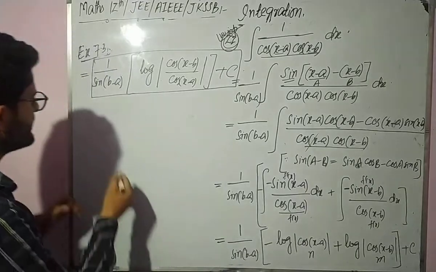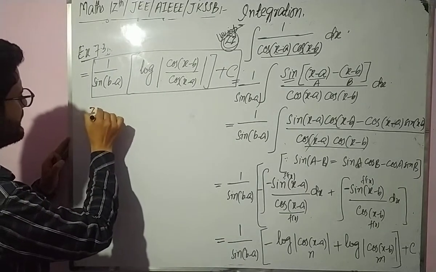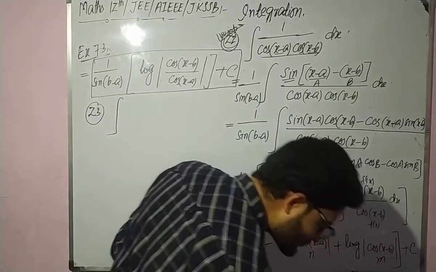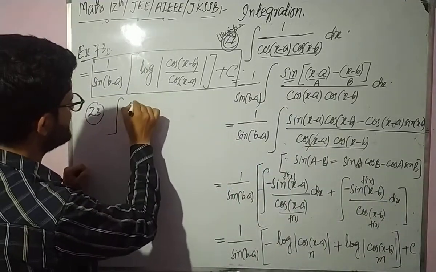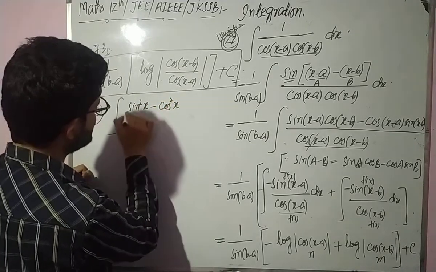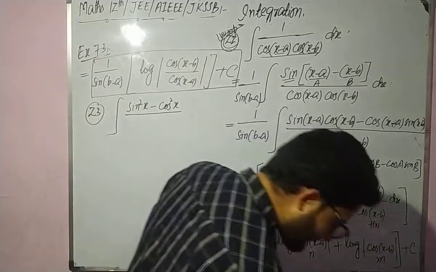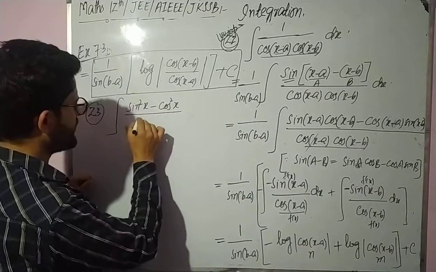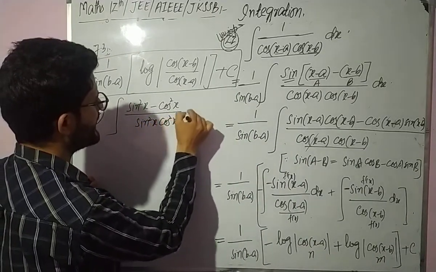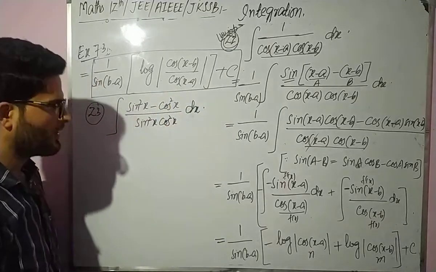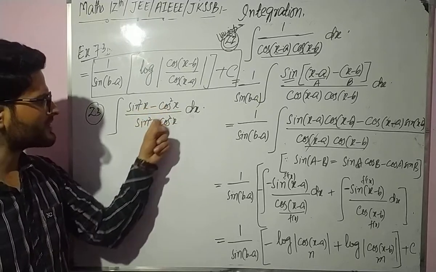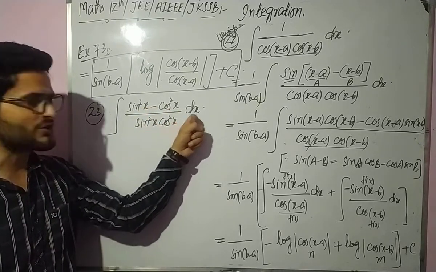Move on to 23, and that is integration of sin square x minus cos square x divided by sin square x into cos square x dx.